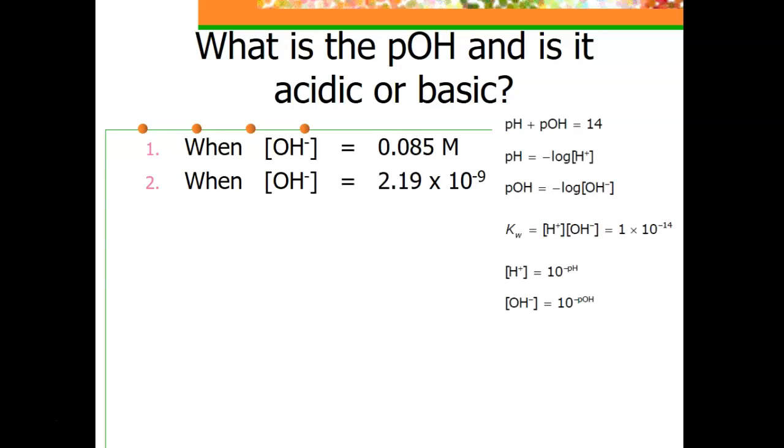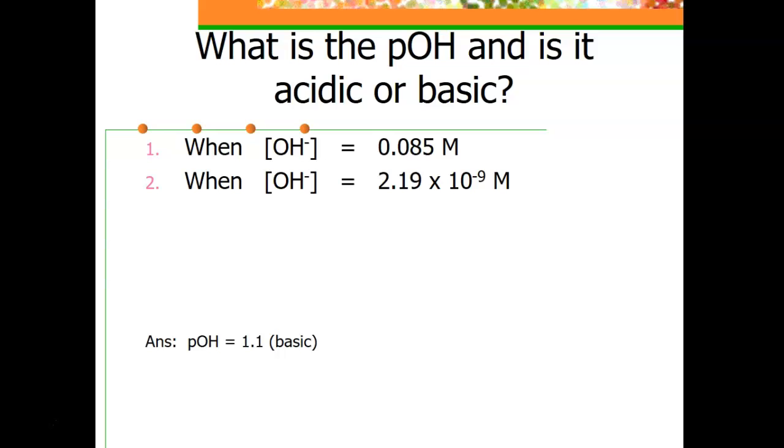So here you have the question, what is the pOH and is it acidic or basic? So the formula that you would use is going to be this third one. pOH equals negative log hydroxide concentration. So you're going to put negative log and then put in the parentheses 0.085, close out your parentheses. Now, when you get your pOH, remember it is opposite of what a pH is on the pH scale.